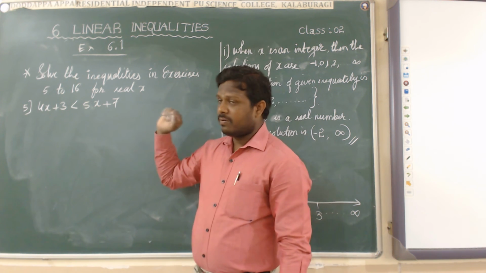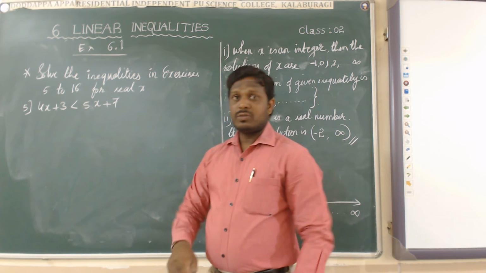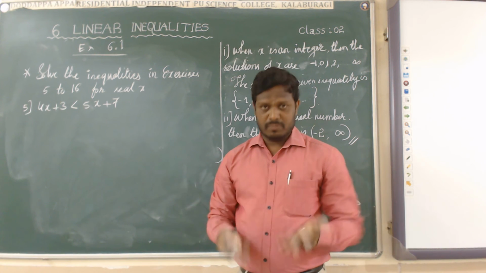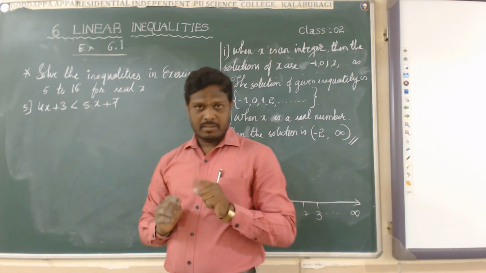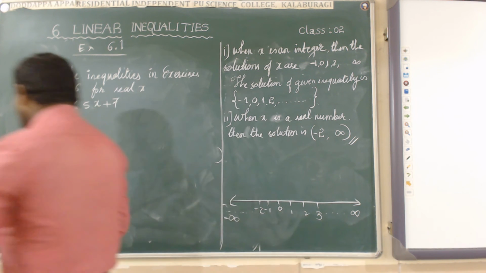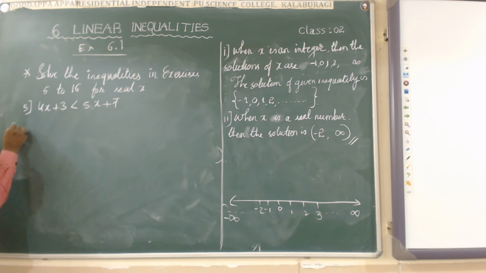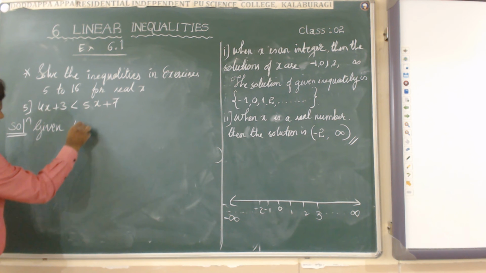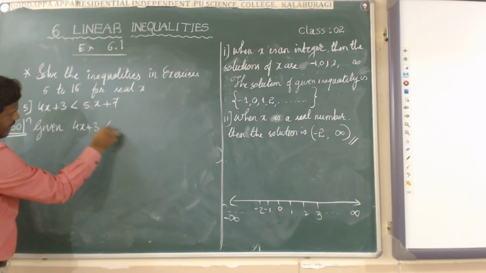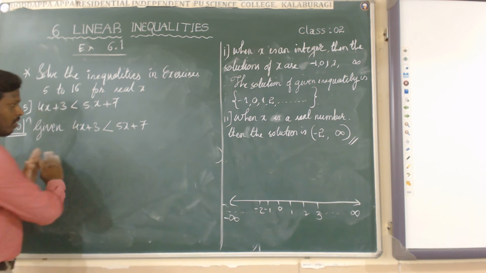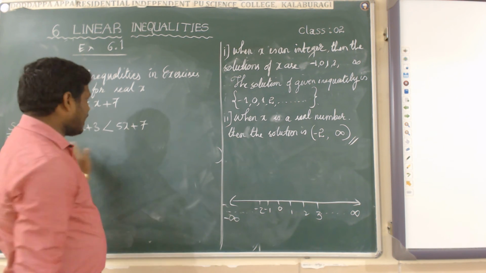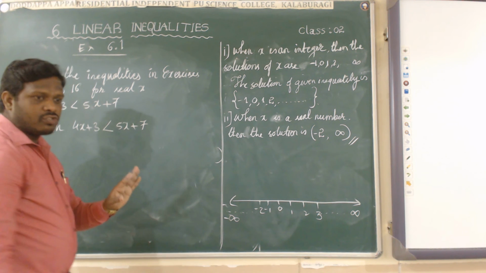After that, we have to remove terms until we get the coefficient of x as +1. Let me explain. For the solution, I will write the given first: 4x plus 3 is less than 5x plus 7. I will not write words here, I will directly use the first rule and second rule.